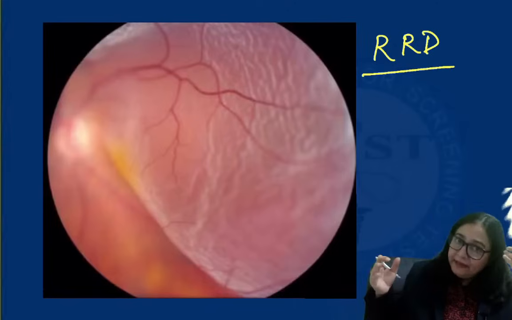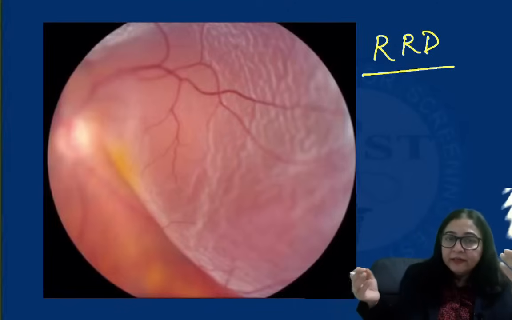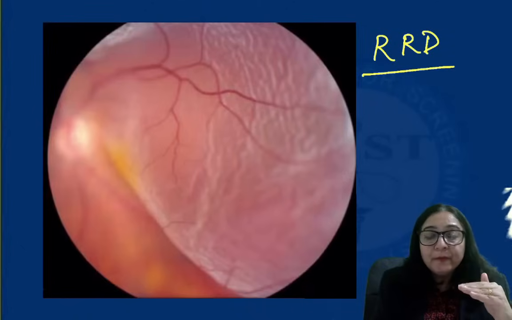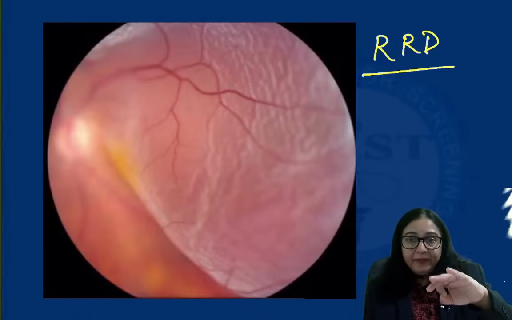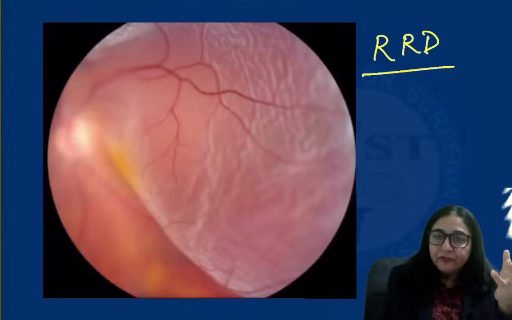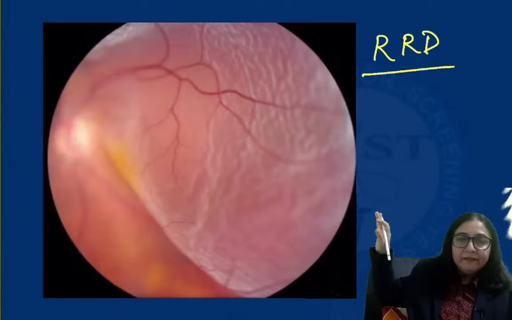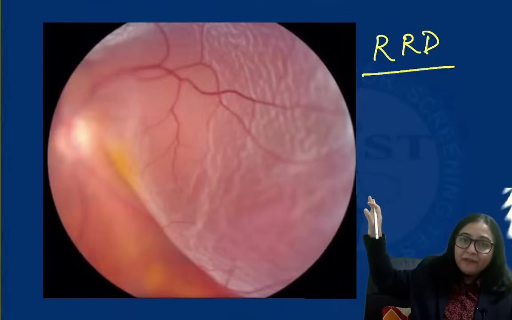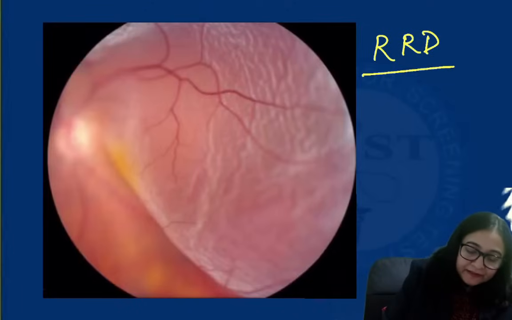Okay. Yes, there can be a horseshoe tear. Obviously, the rhegmatogenous retinal detachment has to be because of a retinal break. Now, mostly any acute trauma leads to horseshoe retinal tear. This particular fundus image is not showing you that because it's not showing you the very peripheral part of the retina. But if it is a tear, it will appear like this, beta. Through the tear, you can see the red choroid there.